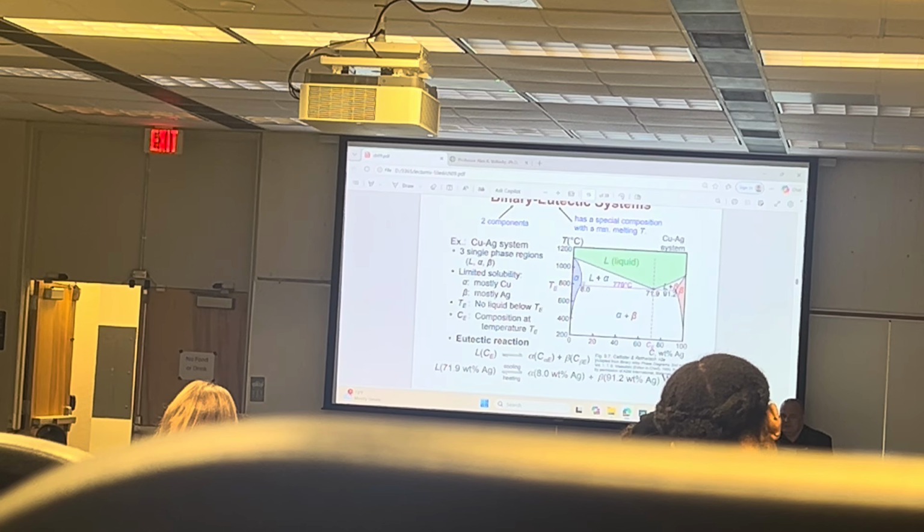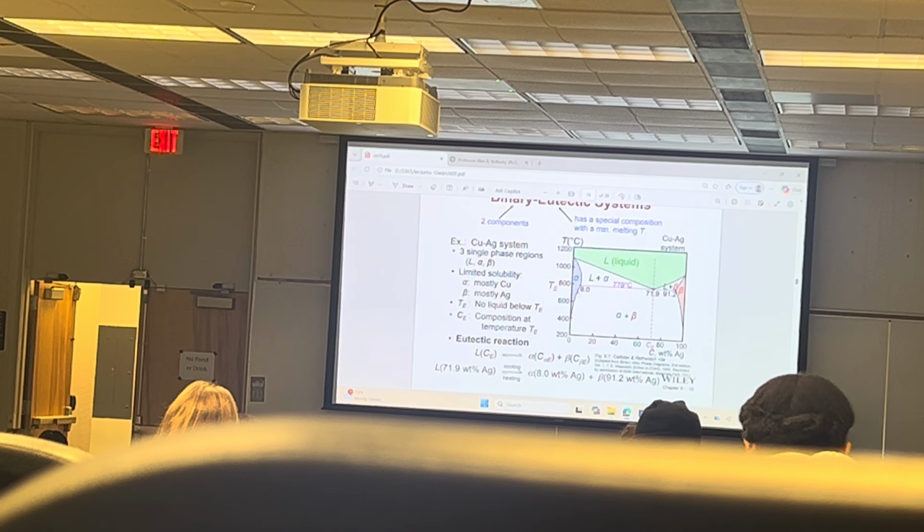You see here, it doesn't go to 0, it goes to 8%. So the reaction is that the liquid of 71.9% silver, upon cooling, is decomposed into the alpha phase that has 8% silver, and the beta phase that has 91.2% silver.